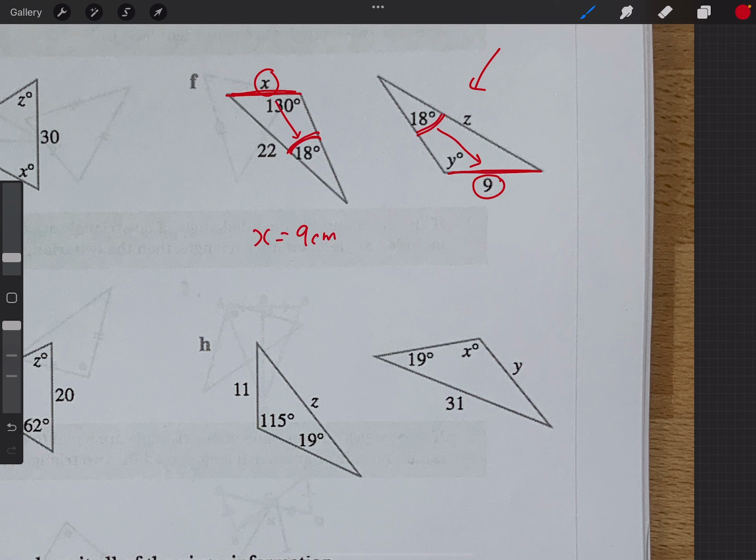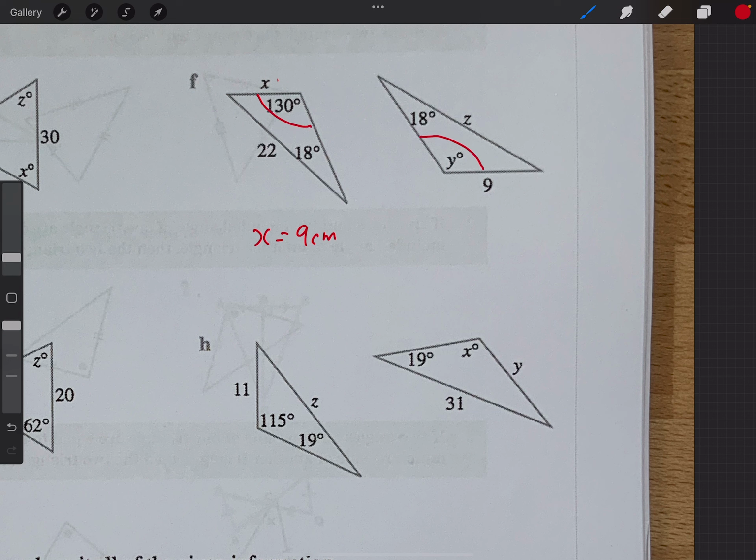And let's look at Z. We want to find Z. Now Z is this length here, and it's opposite... wait, hold on. Maybe before Z I had to find something else. 18, 130. This is the obtuse angle of this triangle, and this is the obtuse angle of this triangle.